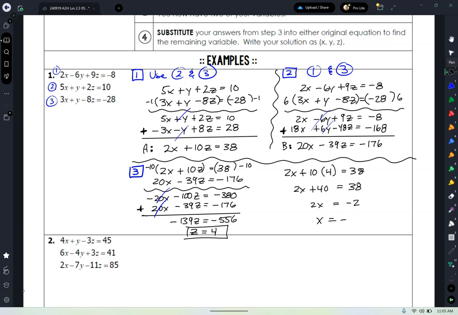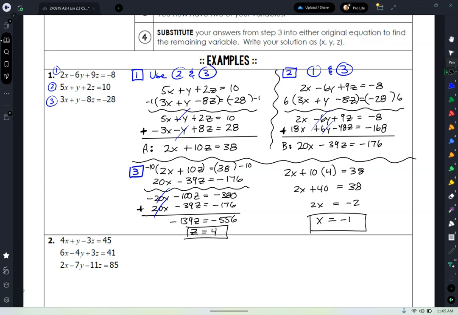X is equal to negative 1. How's that work? Everybody okay? A little tedious, like I said, but not super hard. It's just a lot of solving systems of equations.